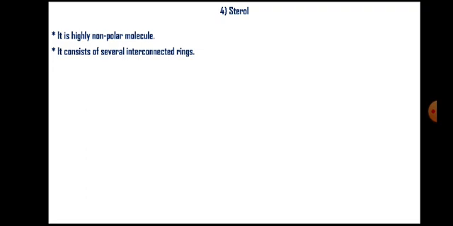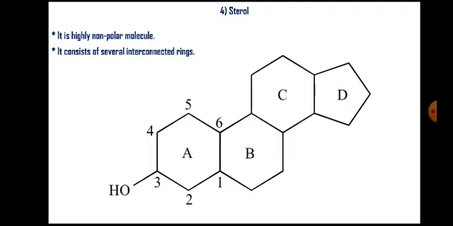there is an absence of any charges. So it consists of several interconnected rings like this. These rings are abbreviated as A, B, C, and D. Ring A is hexagonal like a benzene ring, as are B ring and C ring, whereas D ring is a pentagon.